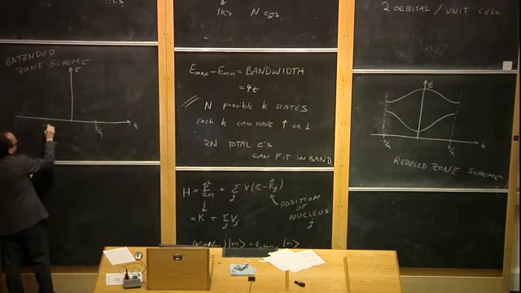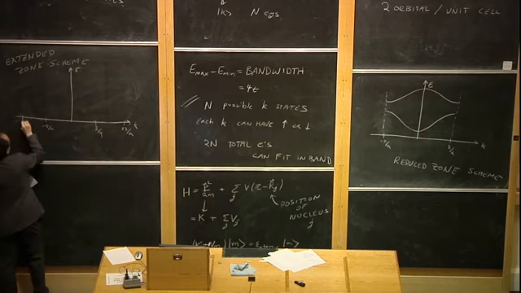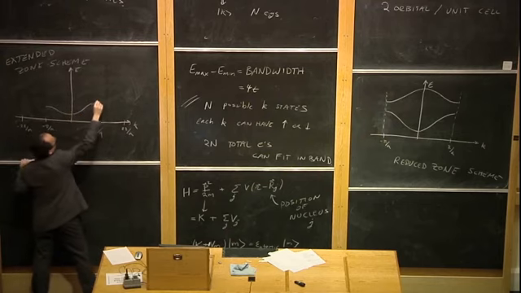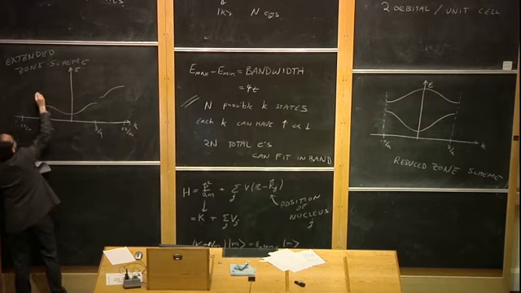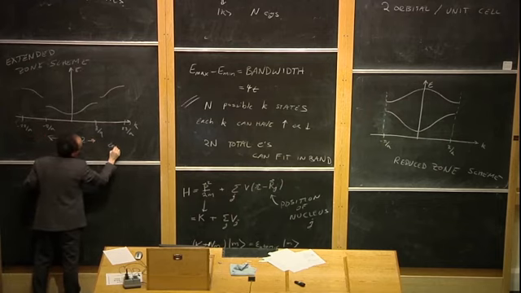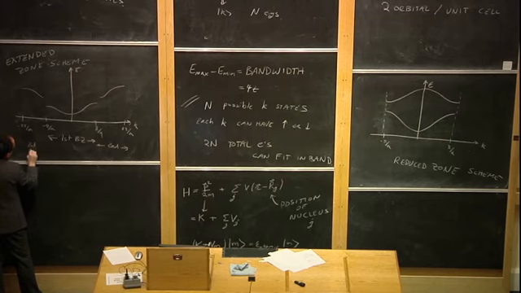Here's minus pi over a. Here's 2 pi over a. Here's minus 2 pi over a. And the idea of the extended zone scheme is to spread out the bands into two Brillouin zones. So this is the first zone, first BZ here, and the second is out here and out here. Second BZ out here.